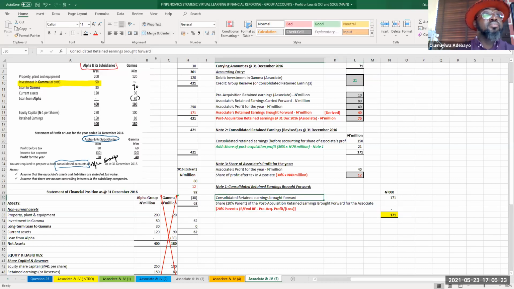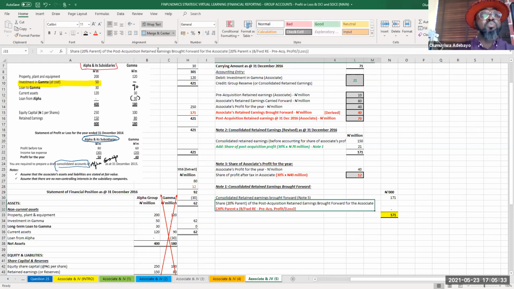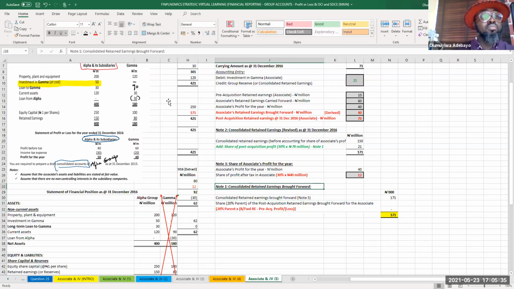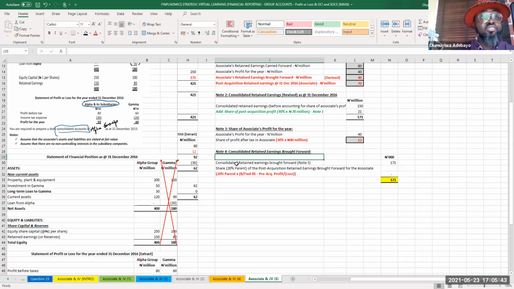Refer to note 5, which will guide us to determine that. But the one we are doing now is note 4. Okay, what is note 5? Note 5 is to assist me.